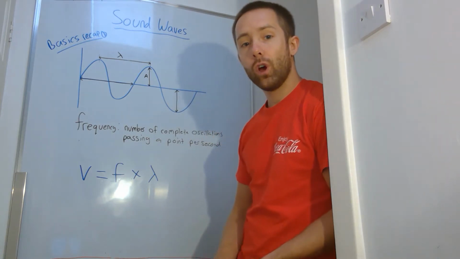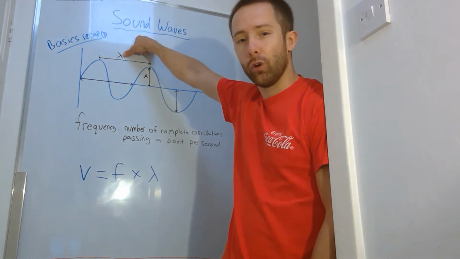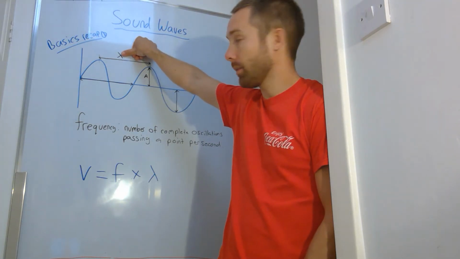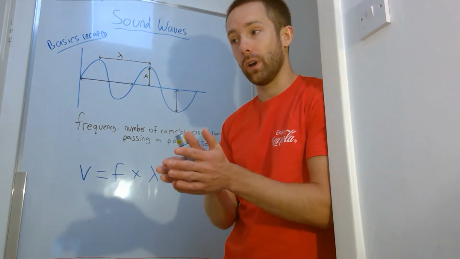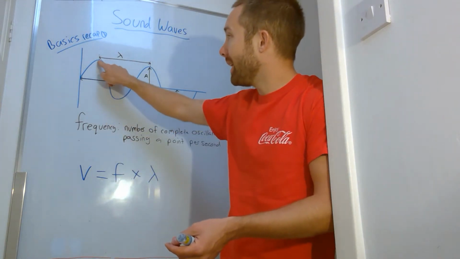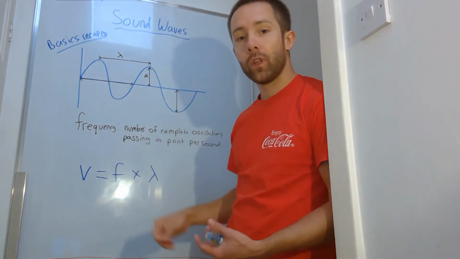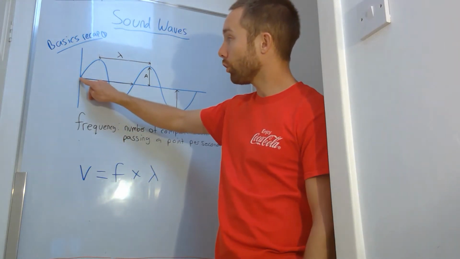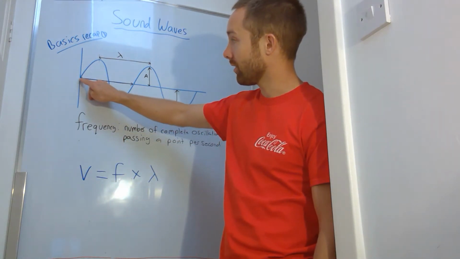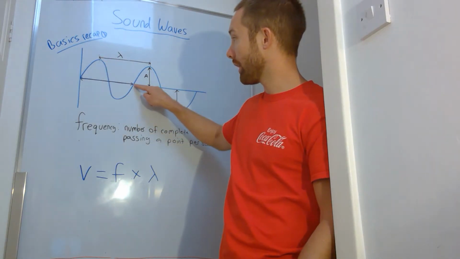Some key terms. We've got the wavelength, which we represent using this kind of upside down Y. It's the Greek letter lambda. It is measured from any two identical points on the wave. Okay, so from a peak to a peak, or from a trough to a trough. The easiest one to draw is usually on the axis, from a point where it's about to go up, down and back up to here.